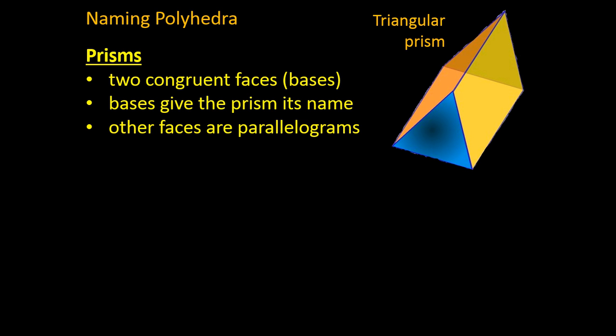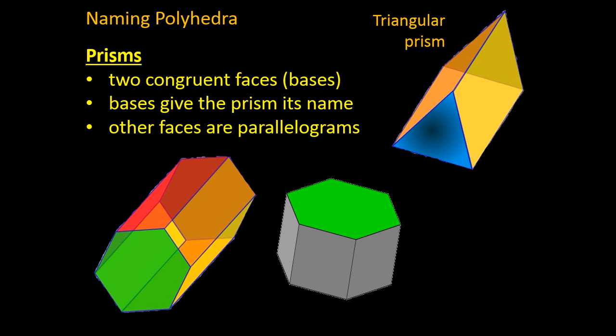And the faces that connect up those bases are the parallelograms, or possibly rectangles, that are connecting up those triangular bases. These are also prisms. They're both hexagonal prisms because the two bases that are congruent are hexagons, and the shapes that are connecting up the hexagons are parallelograms.